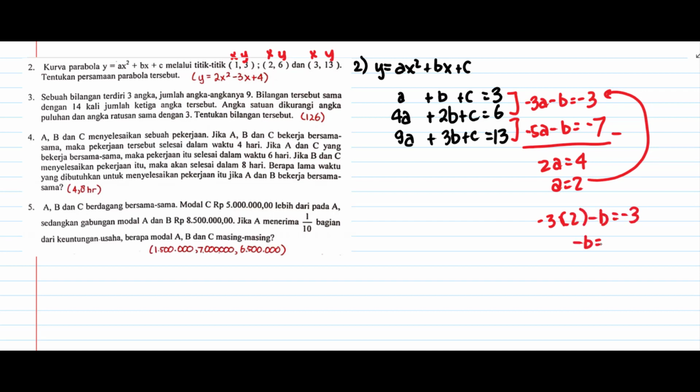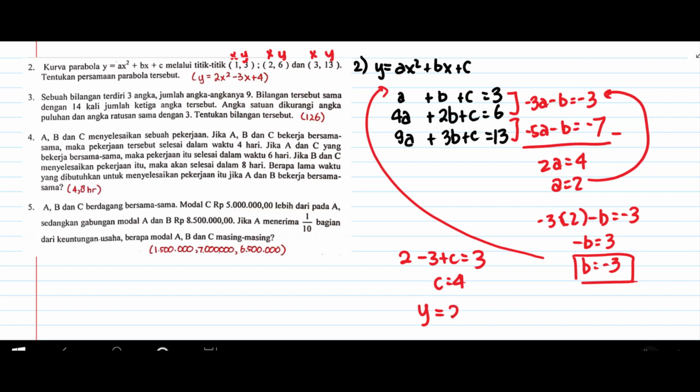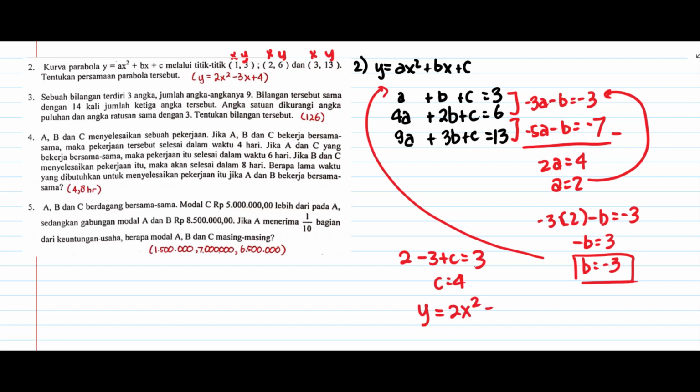Then substitute again: 2 minus 3 plus c equals 3, so c is 4. So the equation is y equals 2x square minus 3x plus 4. Okay, that's correct. Next.